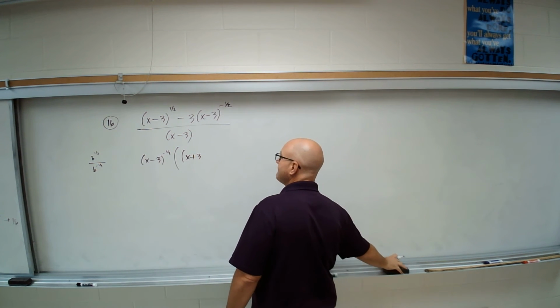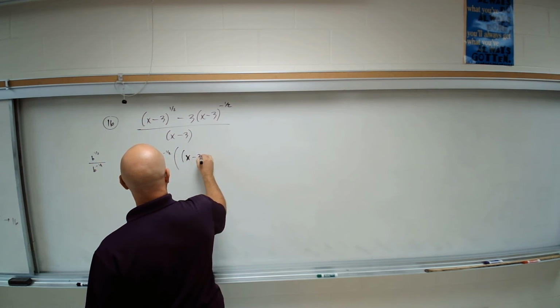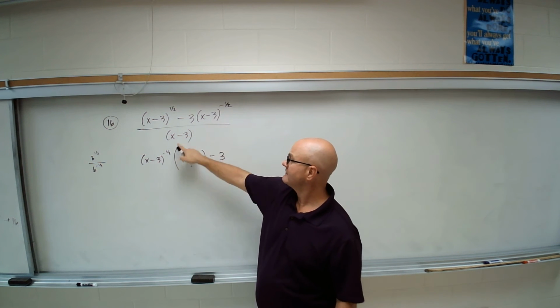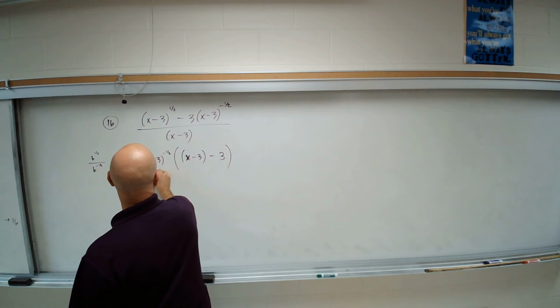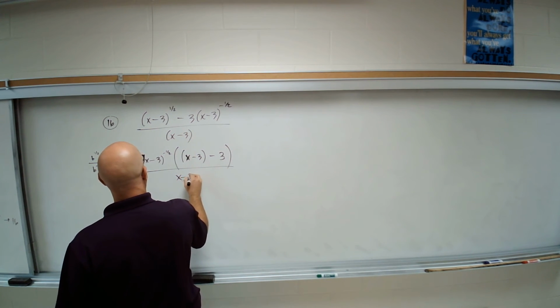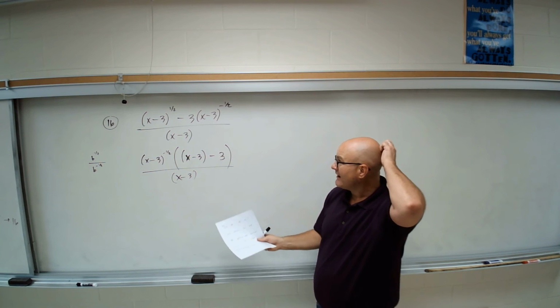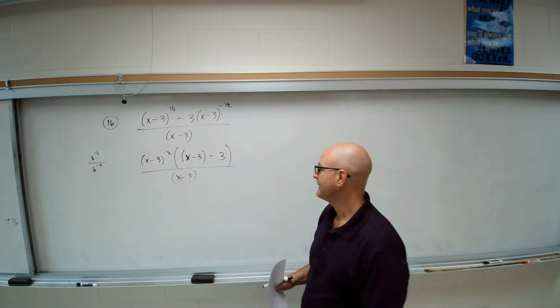X minus 3, and then minus 3, and then this comes out completely, doesn't it? The second factor gets divided out completely. And then don't forget about our denominator. Now over here, we could clean this up a bit, right? Just becomes x minus 6.